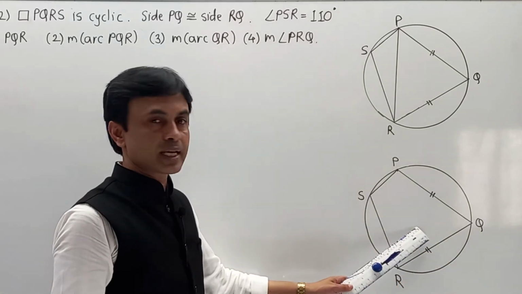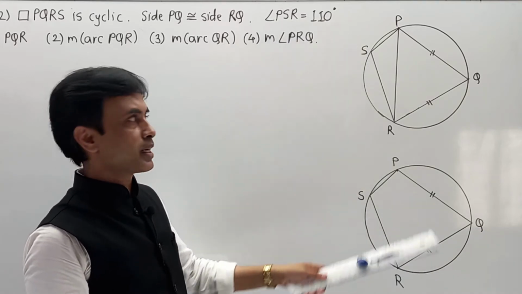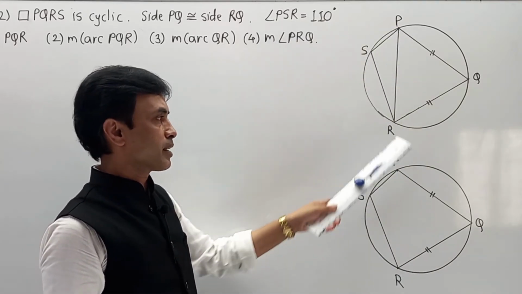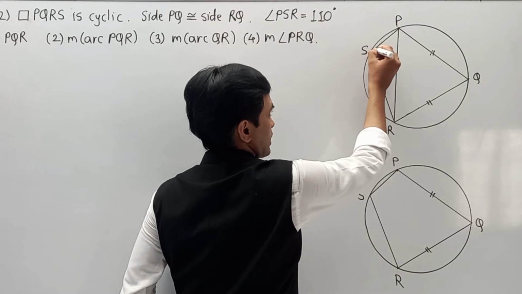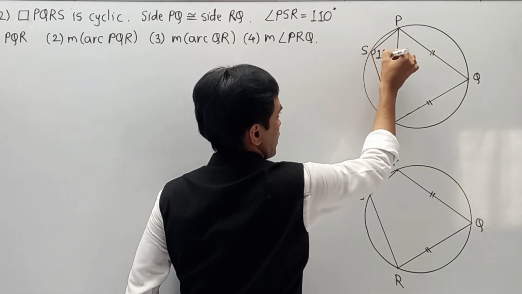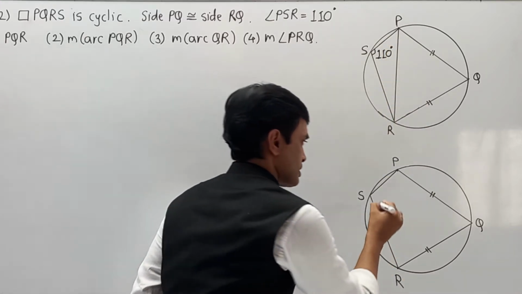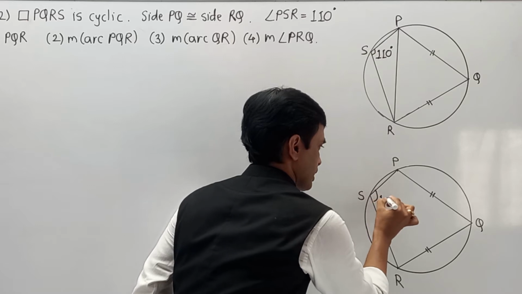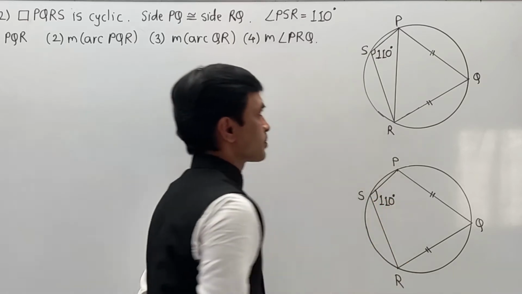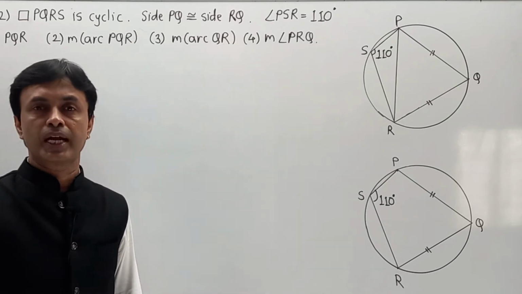Remember, I have drawn this diagram just for your additional support. Angle PSR is 110 degrees. This angle they have given as 110 degrees. Then find the values of 1, 2, 3, 4. That is our question.